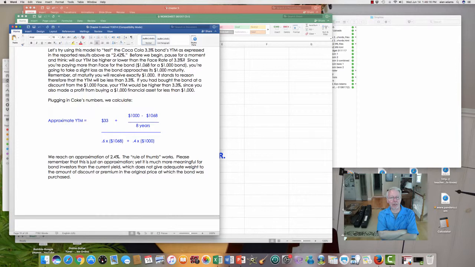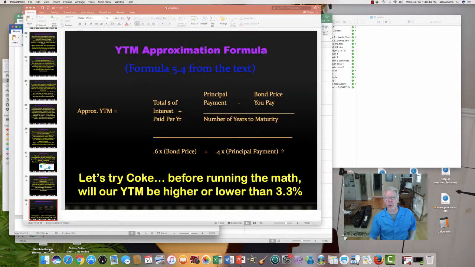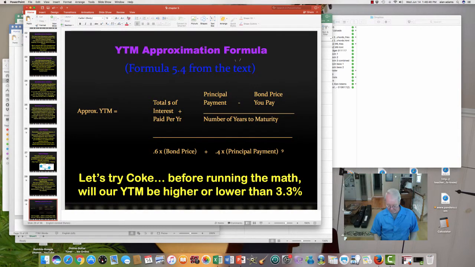So that's 0.4 times 1,000. And if you math all of that out, remember the correct order of operations, ladies and gentlemen, you're going to get 2.4. Close enough? Yes, the YTM listed in the bond listing that I gave you on page 108, I think it was, is 2.42. The approximation works. Friends, I'm going to need you to know how to do one of those for me.